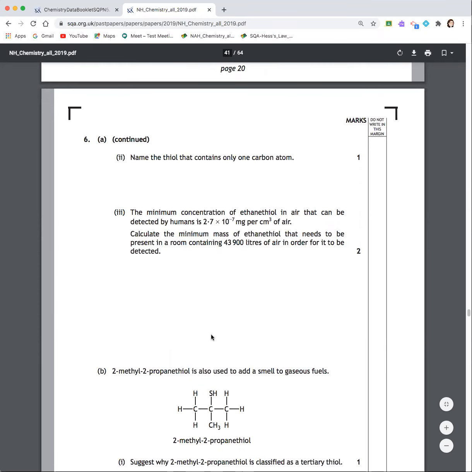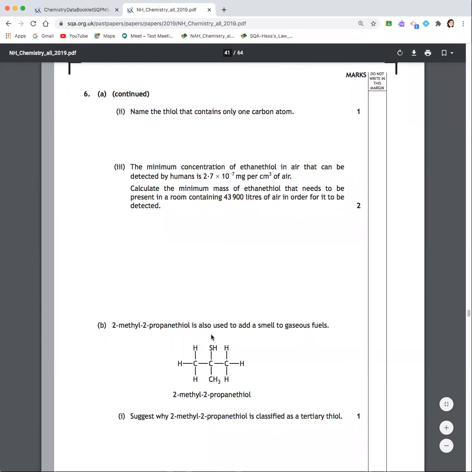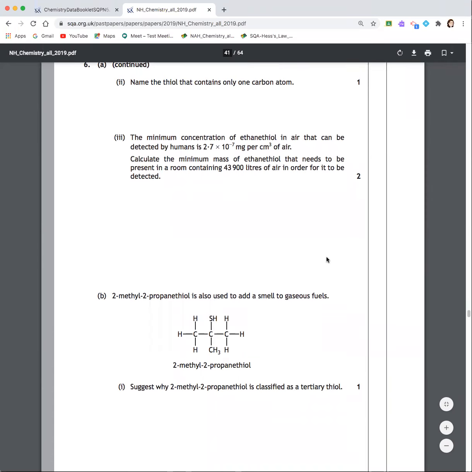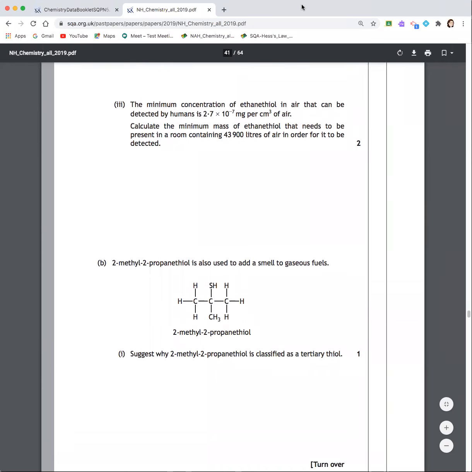Then part 3 is another problem solving question. So a little numerical one, nobody really ever likes these. So for these, you want to set out a relationship in equation form from the question. The minimum concentration of ethanethiol in air is 2.7 times 10 to the minus 7 milligrams in 1 centimetre cubed of air.